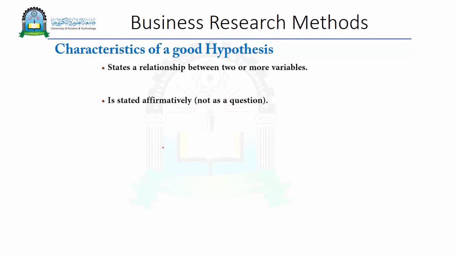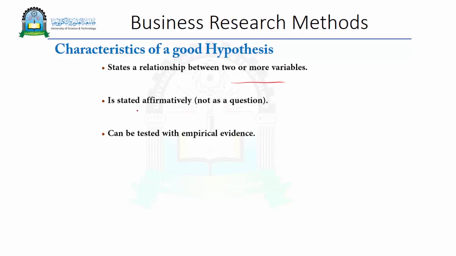The characteristics of a good hypothesis are as follows: it states the relationship between two or more variables. So whether it is between IV and DV, or IVs and DV, or IV, moderator and DV, or the mediator and DV, it is a reflection of the research conceptual framework.